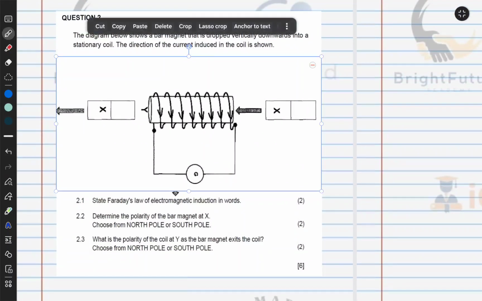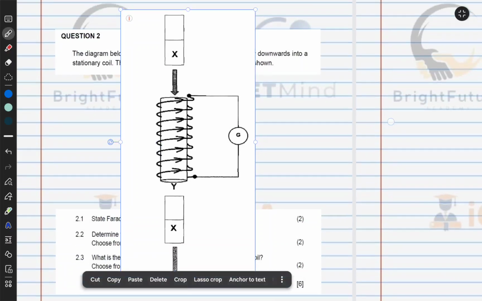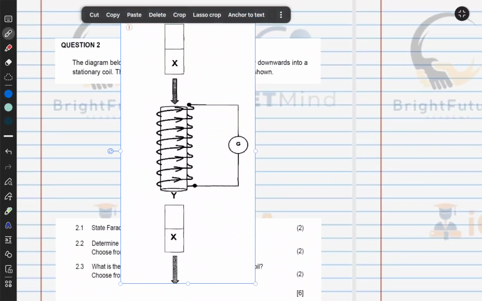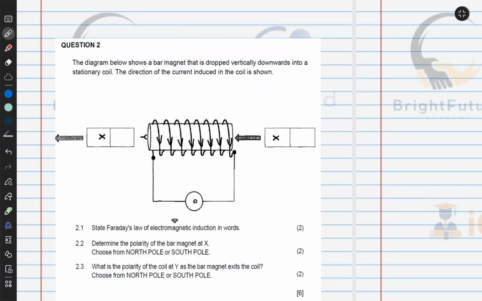So the magnet is dropped like that, vertically downwards, into a stationary coil. Even if we look at it rotated like this, it doesn't really change anything. And then the direction of the current induced in the coil is as shown.